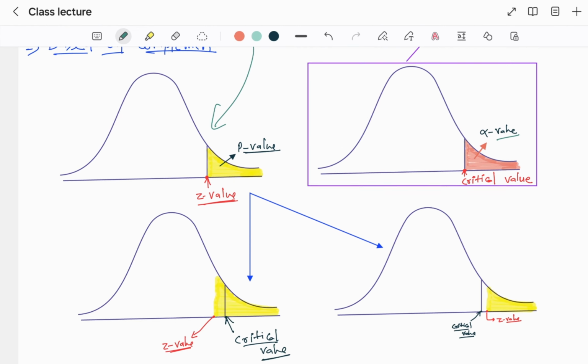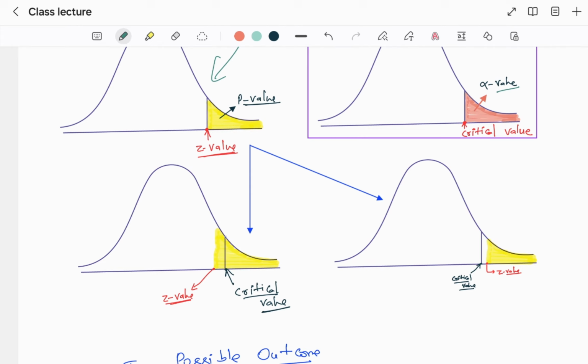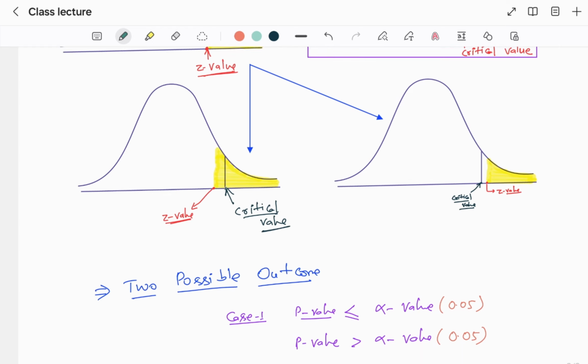So there are two possibilities. Either our data will be inside the confidence level, that means this will be our p value, or it will be like this. As you can see, this is a statistical framework. Here this yellow line is crossing this one, but in this case it is within the rejection region. Now how do we decide that?